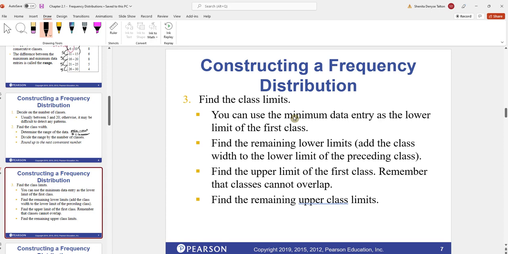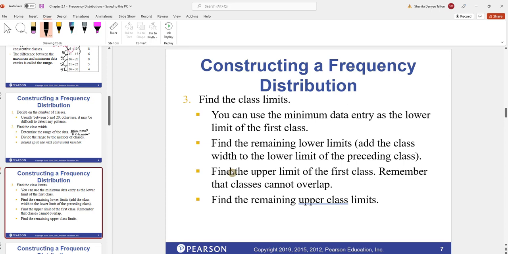Once you do that, you're going to find your class limits. You can use the minimum data entry, the smallest data value in your set, as the lower limit of the first class. To figure out the remaining lower limits, all you have to do is add the class width to it. To find the upper limit of the first class, you'll do the same thing, and I'll show you when I do an example.